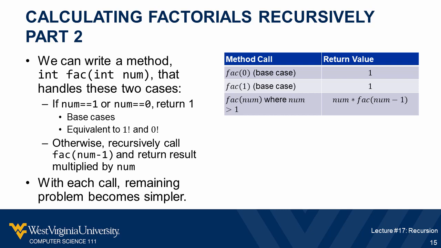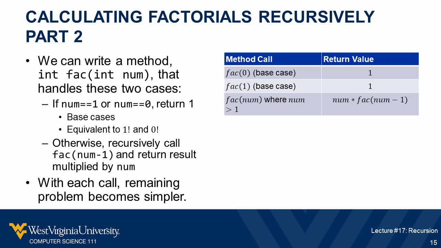If it's any other value that's allowed for num, and by definition with the factorial it should be a positive or at least not negative, we want to place a recursive call to fac with num minus 1, and we're going to multiply that by num, as we saw on the previous slides where we broke things apart.